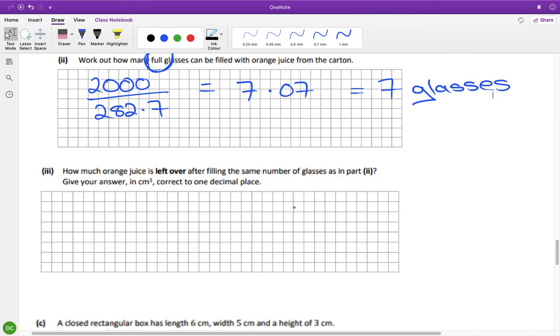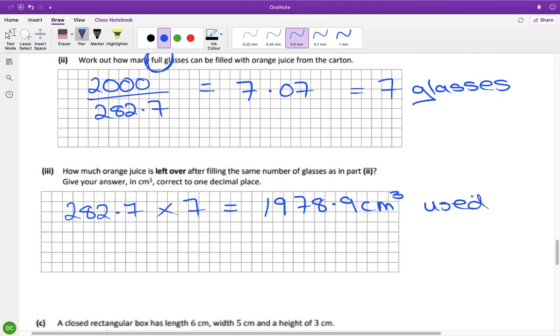Now, how have we figured that out? Okay, so if each glass is 282.7 and you're filling 7 of them, that's going to be 1978.9 centimeters cubed that has been used, is gone, is in the glasses.